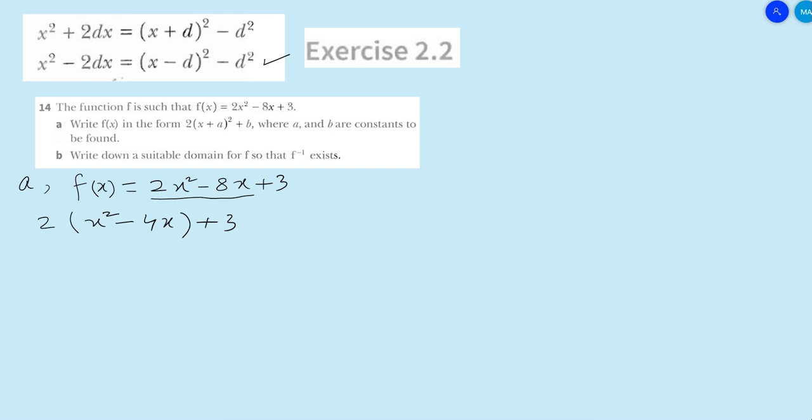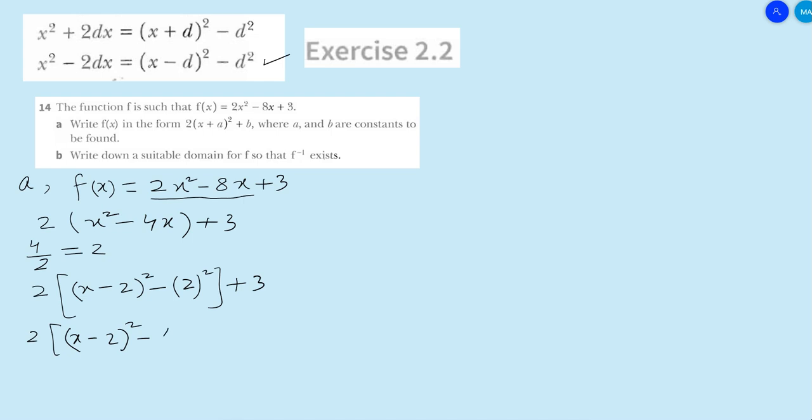So first we have to take the coefficient of x, that is 4, and divide this coefficient by 2, always divide by 2. Then 2 into (x minus 2)² minus 2², bracket close, and plus 3 remains plus 3. After this, 2 into (x minus 2)² minus 4, bracket close, plus 3.